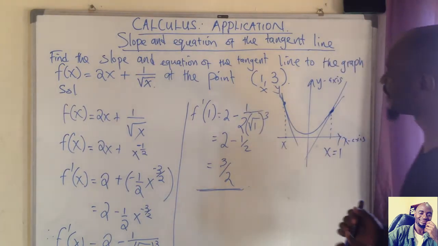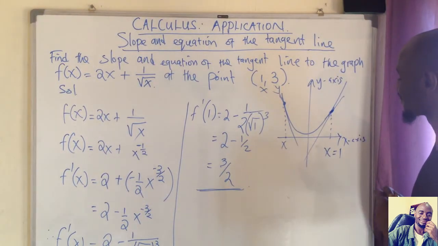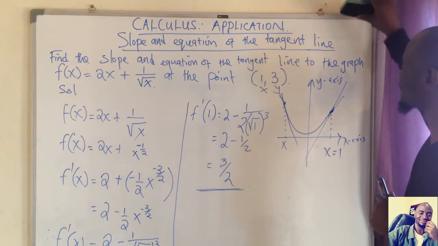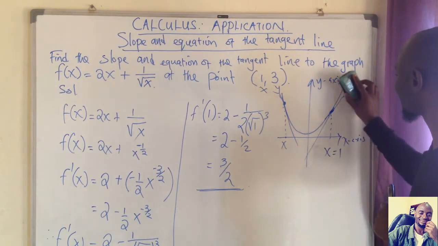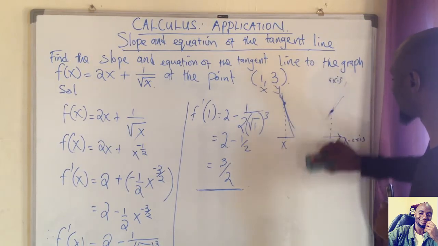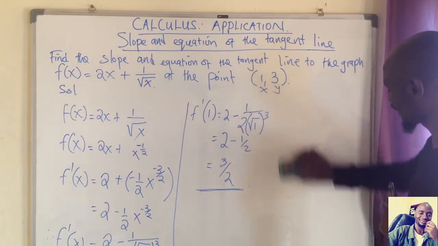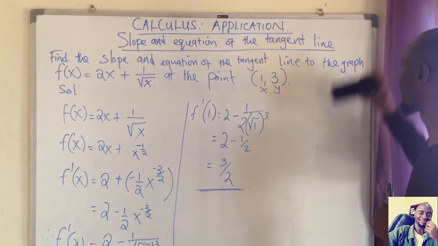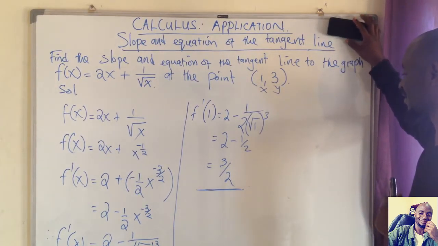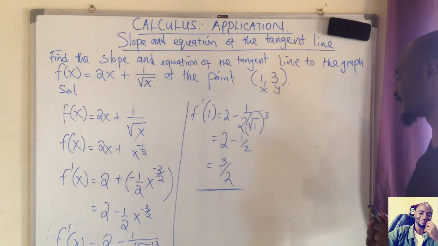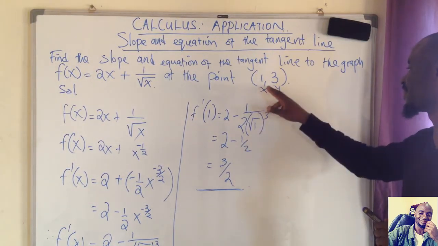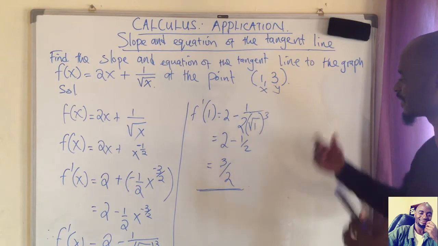Now, apart from finding this particular gradient, which we call the slope, we also need to find the equation of the tangent at this particular point. Now that we know the gradient of the tangent, we can find the equation using the one-point gradient form. We know the gradient and we know the point of the tangent, so we can find the equation.